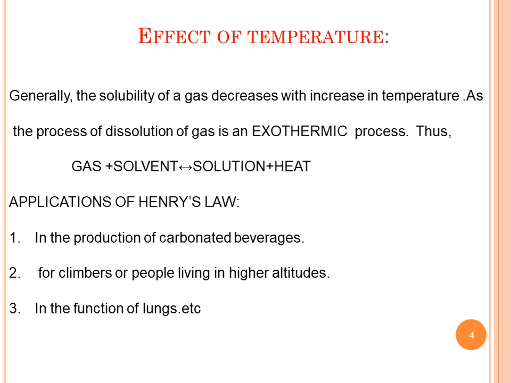They feel sick and are unable to think properly because of the lesser amount of oxygen in their blood and tissues. So this is the key. The third point is in the function of the lungs also. So these are some important applications of Henry's law.